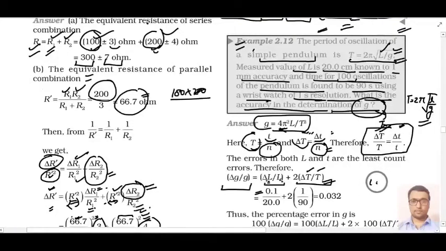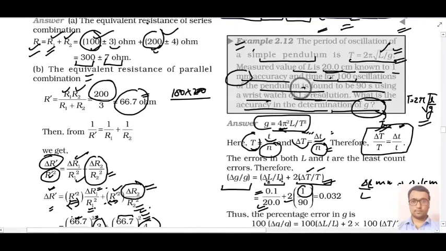If you remember, it was given in the problem. 1 mm is equal to 0.1 centimeter, and the length is 20 centimeter. So we will write 0.1 centimeter by 20 centimeter. This is our value of delta L by L, the first value. And the second is 2 times delta T by T. Delta T is the error in measurement of time period.